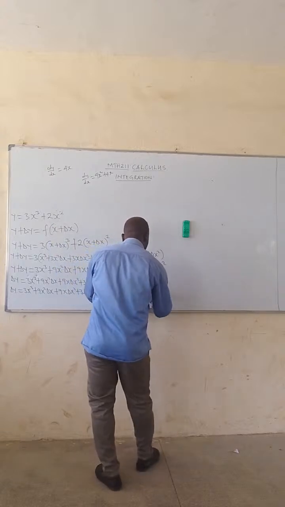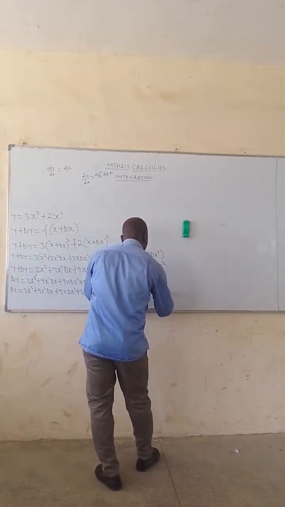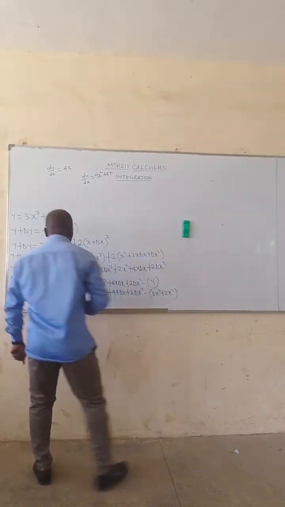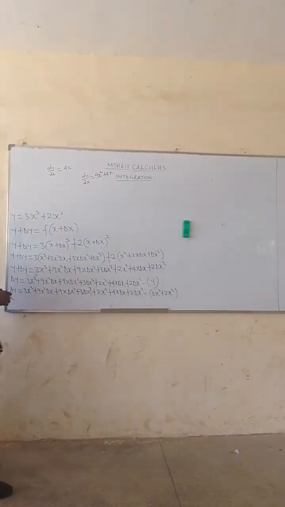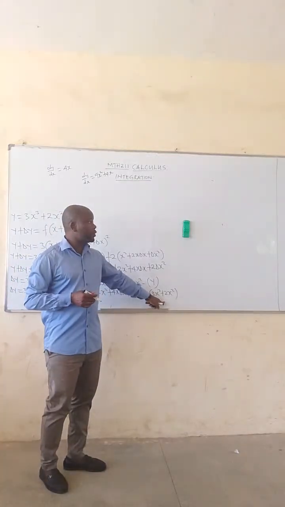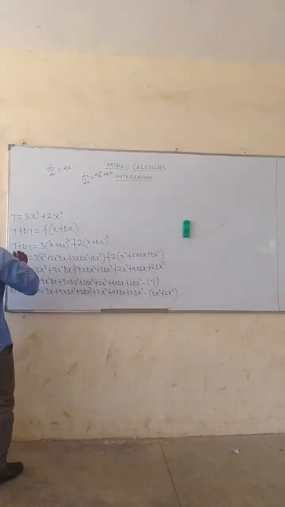Your y is 3x cubed plus 2x squared. Are you following? So far so good. At this point, we have to open this bracket.